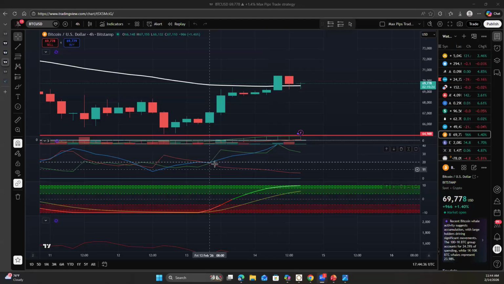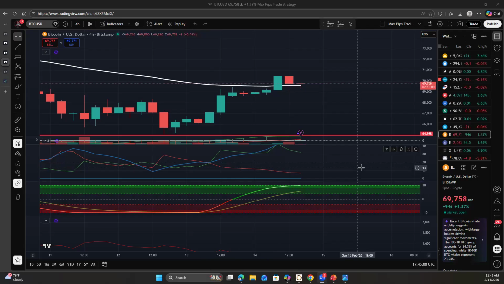So this blue line here, Daniel, represents the ADX. This green line represents the positive DI, the plus DI. The red line represents the negative DI.